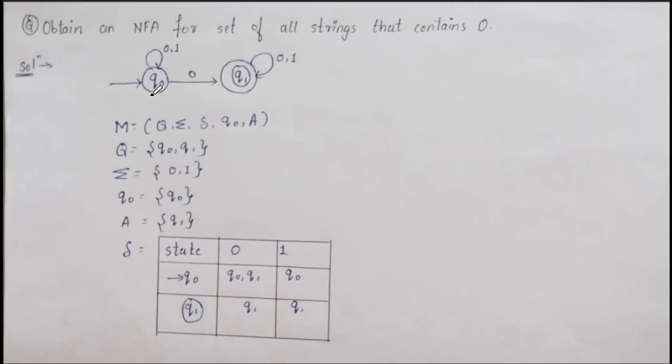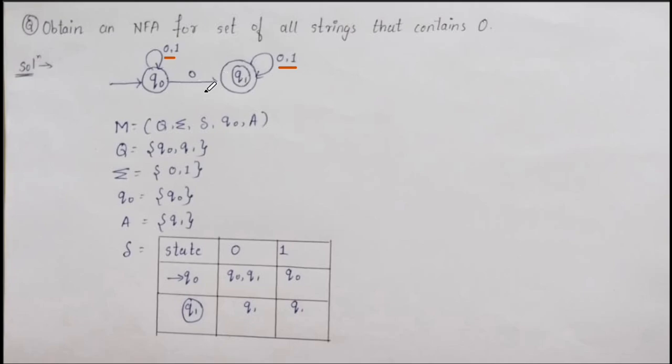So there are two states, and it can start with any number of zeros and ones, and it could end with any number of zeros and ones. So we take the self loops for both the states.